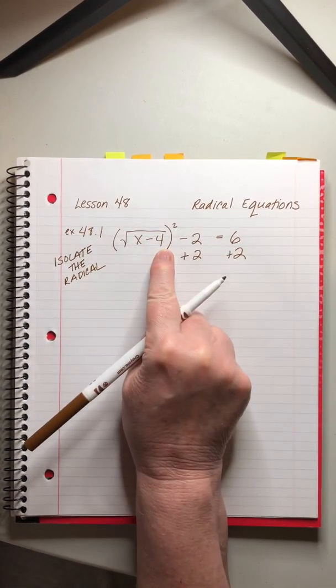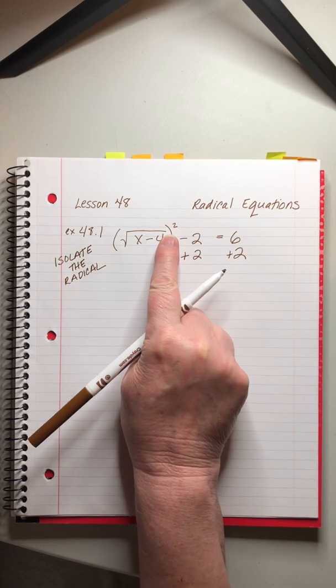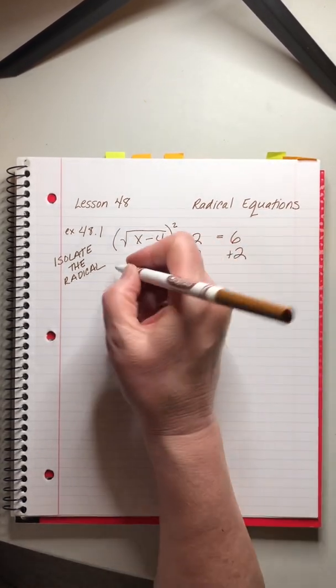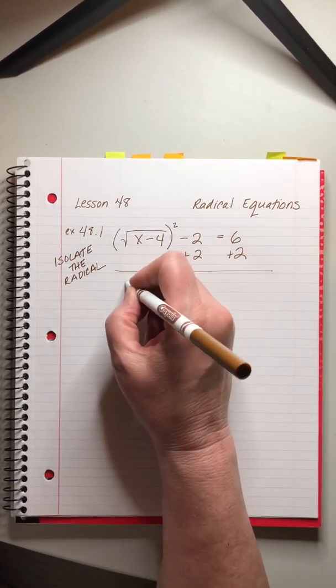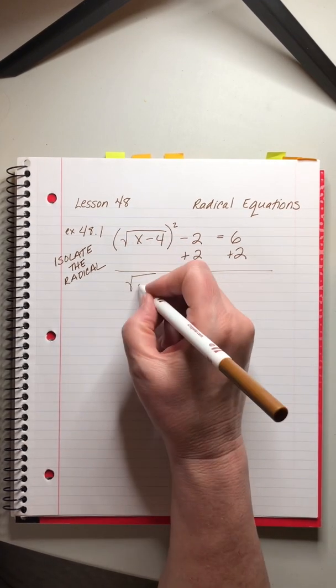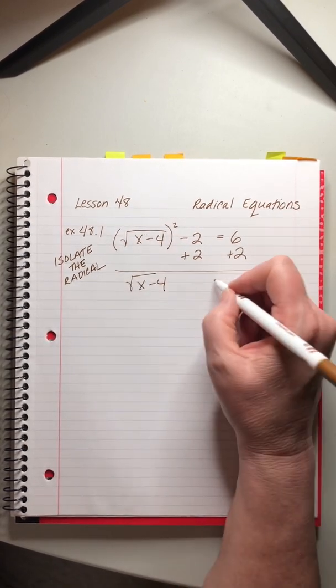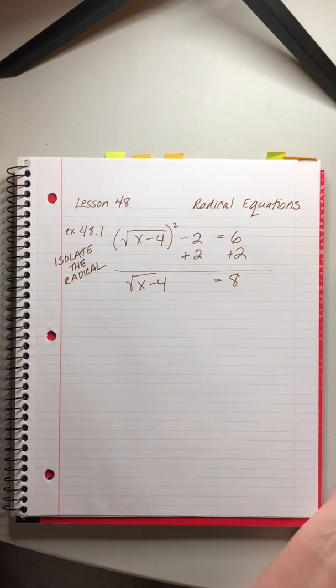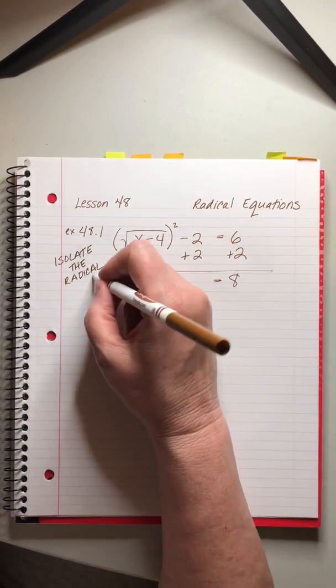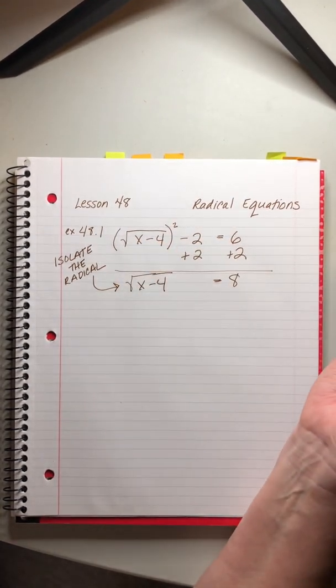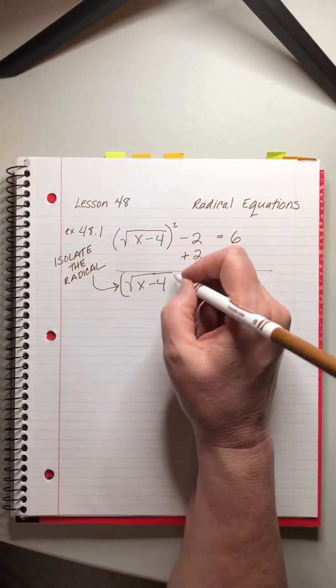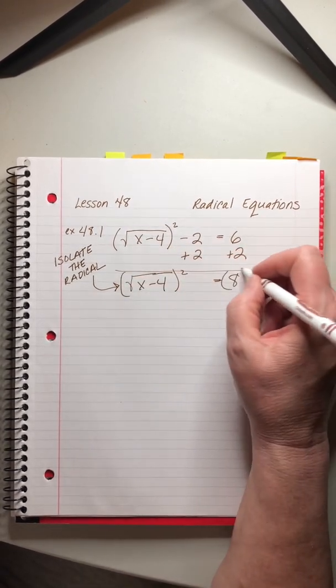Okay, we have to get it by itself before we can square it, all right? So I'm doing this first. Pretend that squared part isn't there. Okay, now I've isolated the radical. That is what I need to do. Now I'm ready to square it.